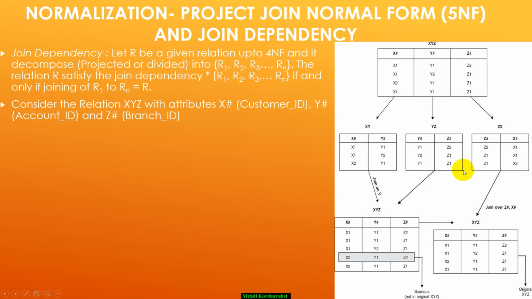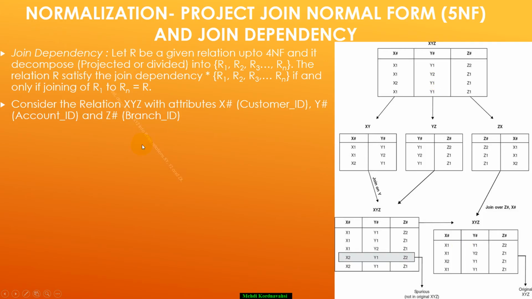Why? Because in this line x1 and z1 have a relation with y1, so x1, z1, y1. After joining, the original table x, y, z, as you see, these two tables are the same.